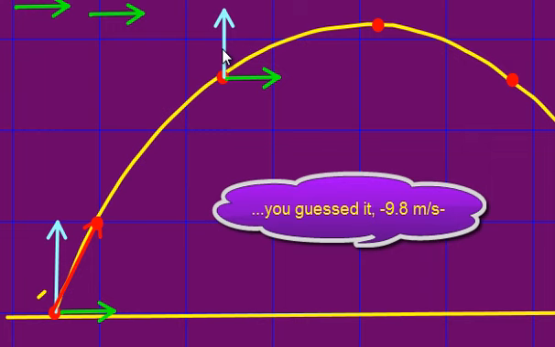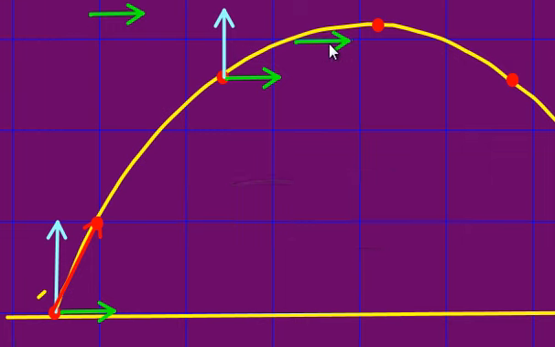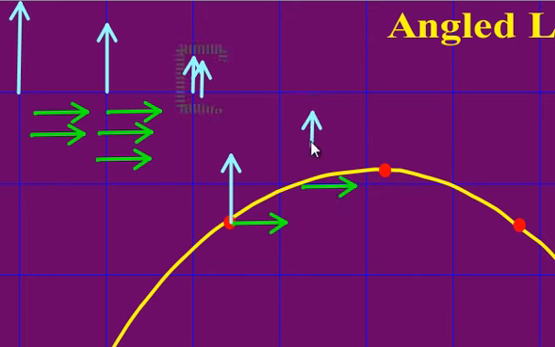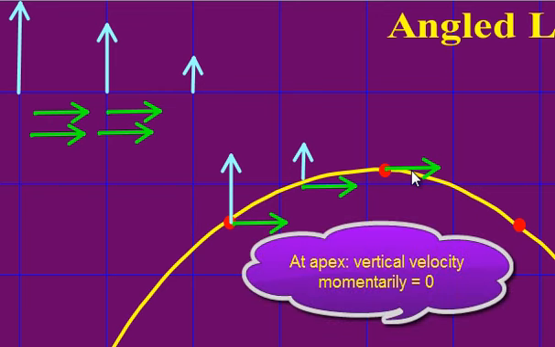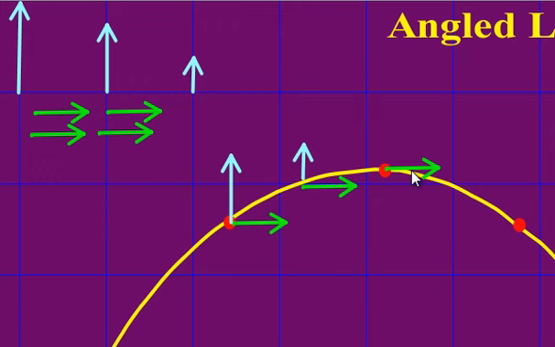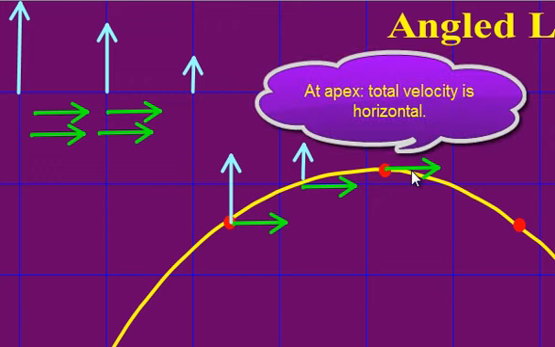And at some later time, we could even put another one right here before we get to the top. The horizontal velocity still hasn't changed, but the vertical velocity is even less. And then when we get to the top, notice what happens momentarily. The velocity of the projectile in the vertical direction is 0. In other words, it's stopped rising. So for one split second at the top, the angled launch projectile is traveling only horizontally.